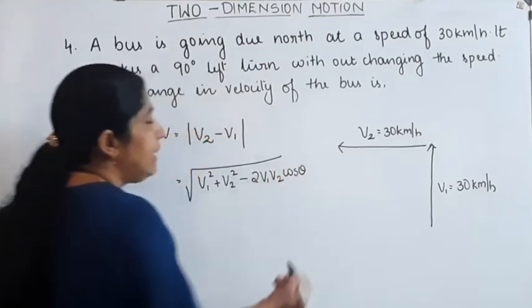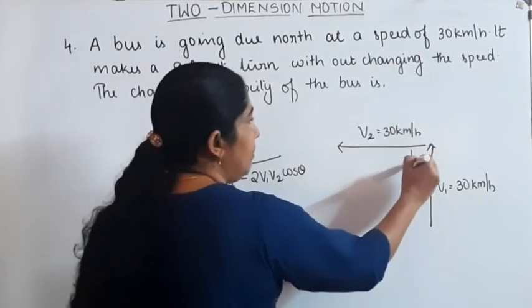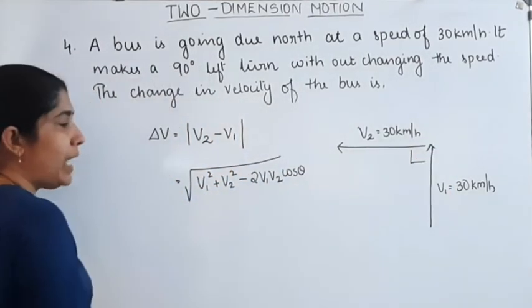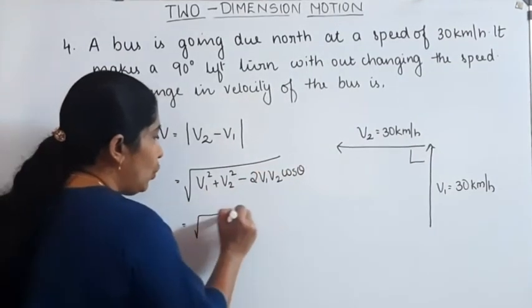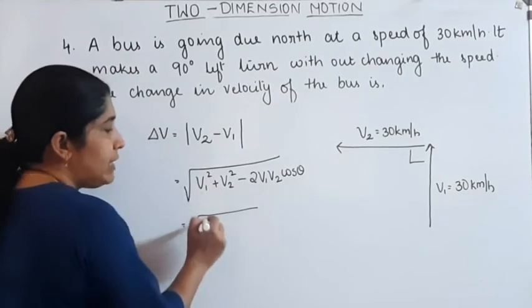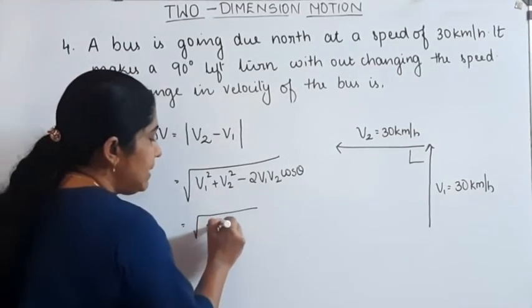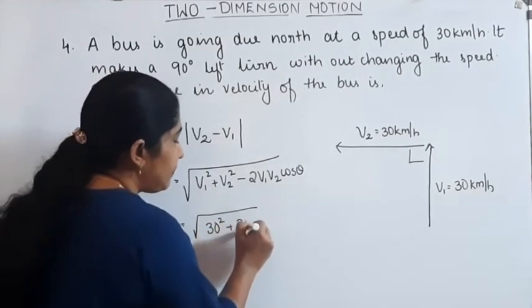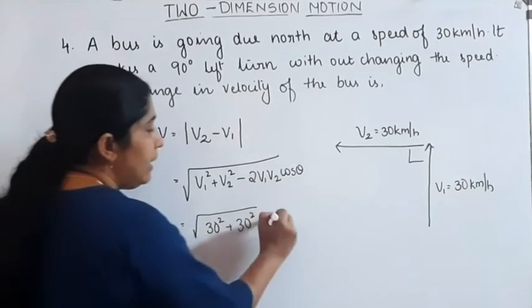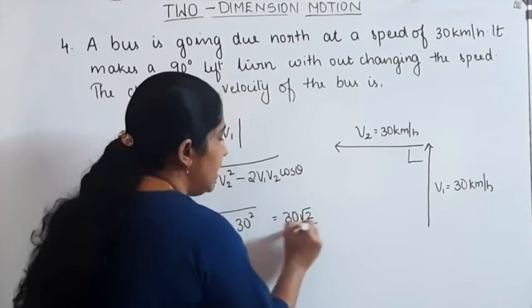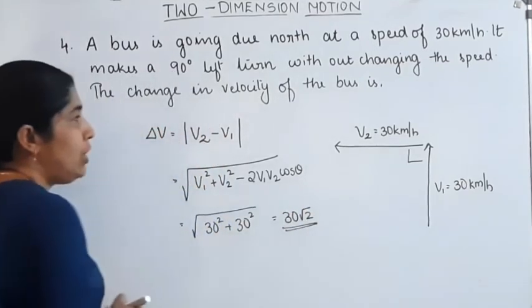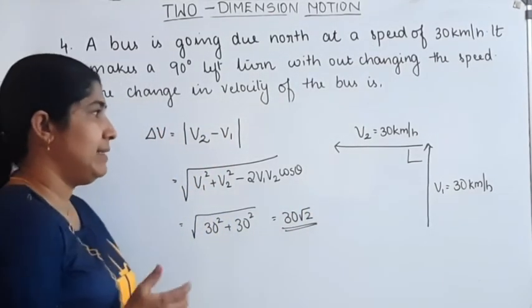Here theta, the angle between V1 and V2, is equal to 90 degree, so the third term gets cancelled. Therefore, root of 30 square plus 30 square, that's equal to 30 root 2. 30 root 2 is the change in velocity of the bus.